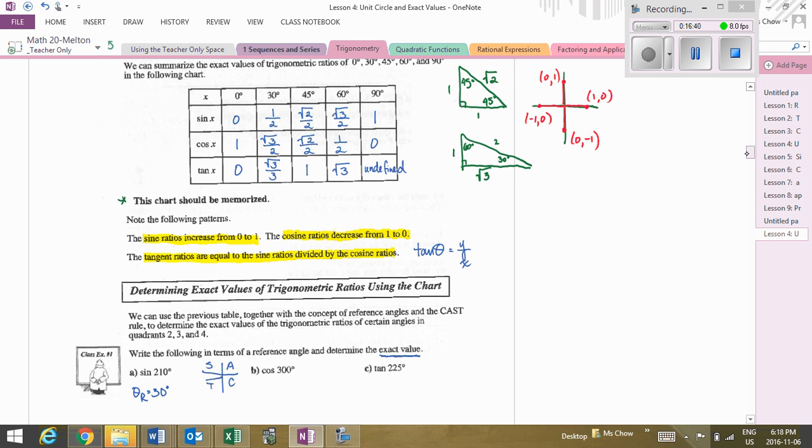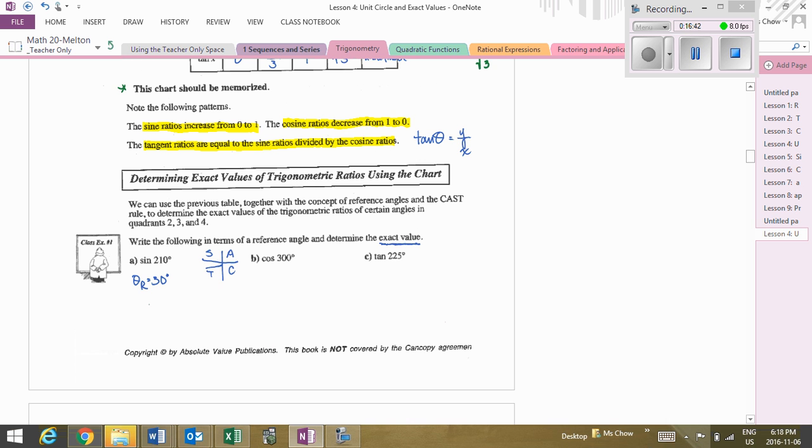So we can say then that sine of 210 degrees is going to be the same as sine of 30 degrees, except we'll take the negative of sine of 30 degrees. And sine of 30 degrees is equal to 1/2. So then sine of 210 degrees would be negative 1/2.